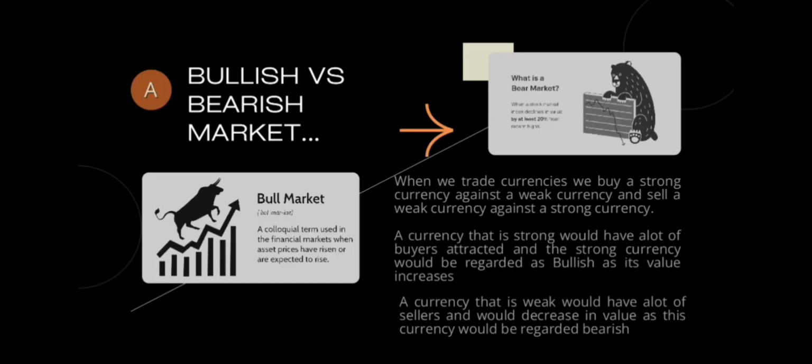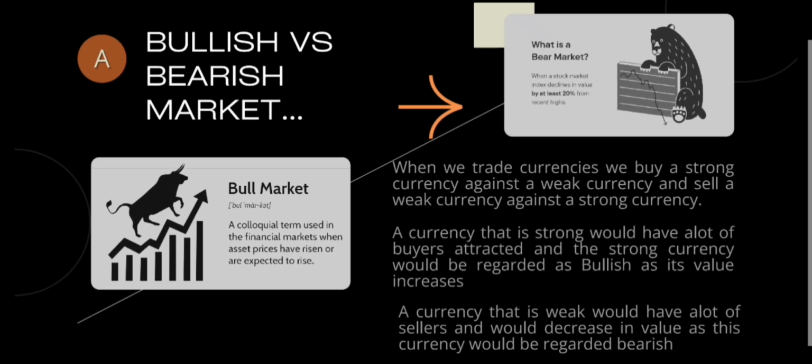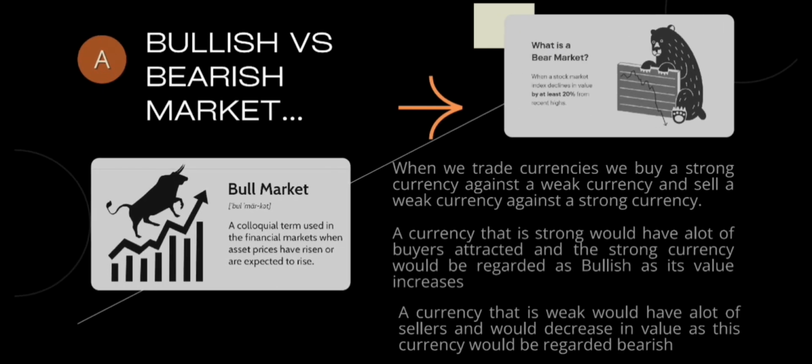Okay. So the first topic on the slide is bullish versus bearish. Now, by now, we do have a fundamental understanding of what is a bullish market or what is a bearish market, or the conditions in a bullish or bearish market, or how the market moves or trends, or when do we sell when the market is bearish, or when do we buy when the market is bullish.